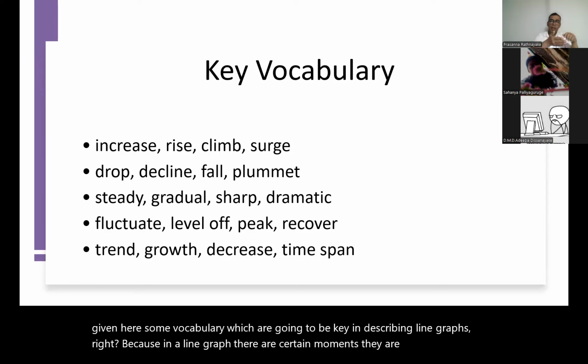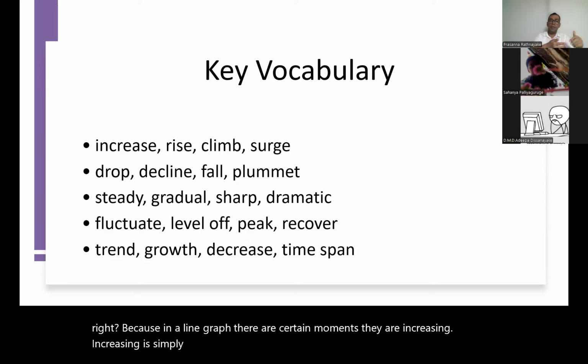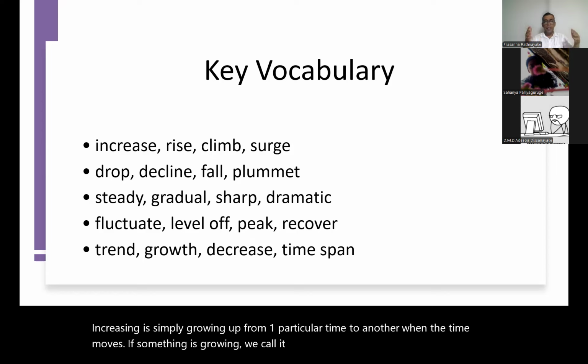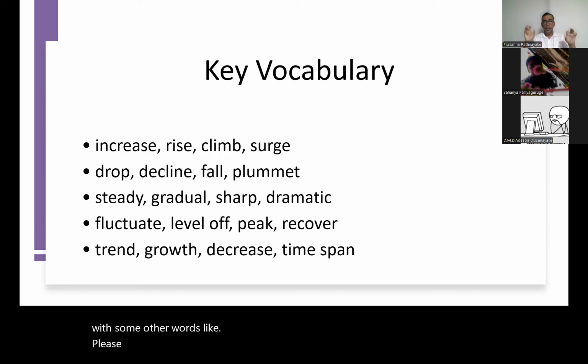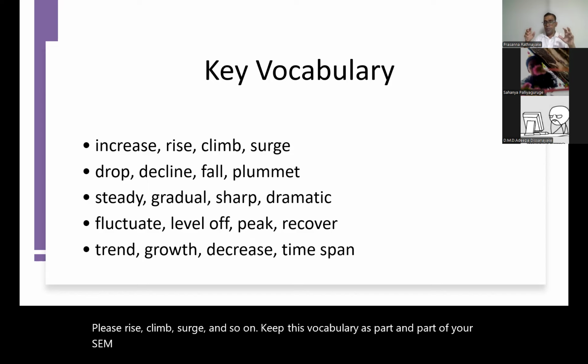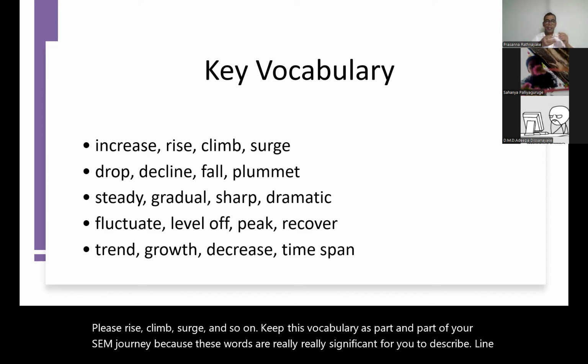Increasing is simply growing up from one particular time to another. When time moves, if something is growing, we call it an increase. The same thing is indicated with other words like increase, rise, climb, surge, and so on. Keep this vocabulary as part of your STEM journey because these words are really significant for you to describe line graphs.